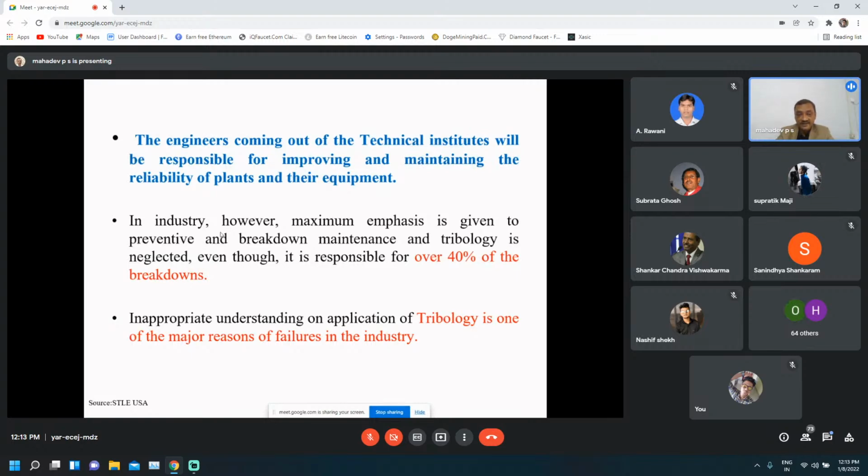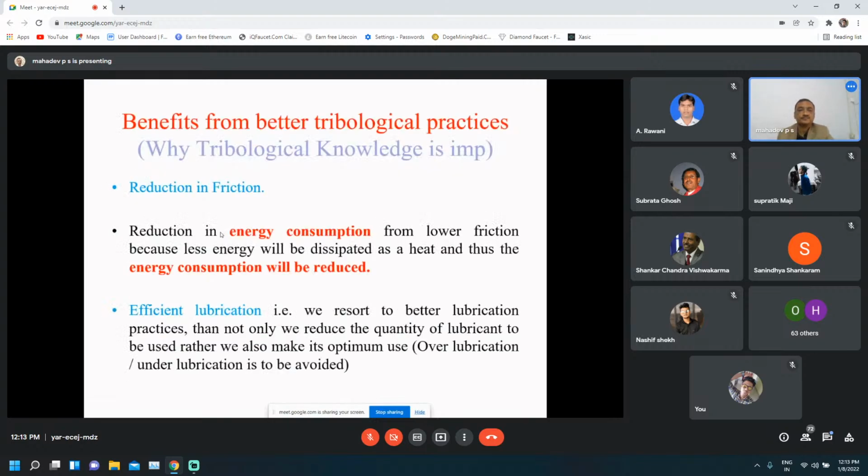I told you earlier, tribology is the field which is most neglected. Many people do not even know what is meant by tribology, even though it is responsible for over 40% of the breakdowns all over the world. So inappropriate understanding and application of tribology is one of the major reasons of failures in industry, resulting in economic loss and maintenance cost.